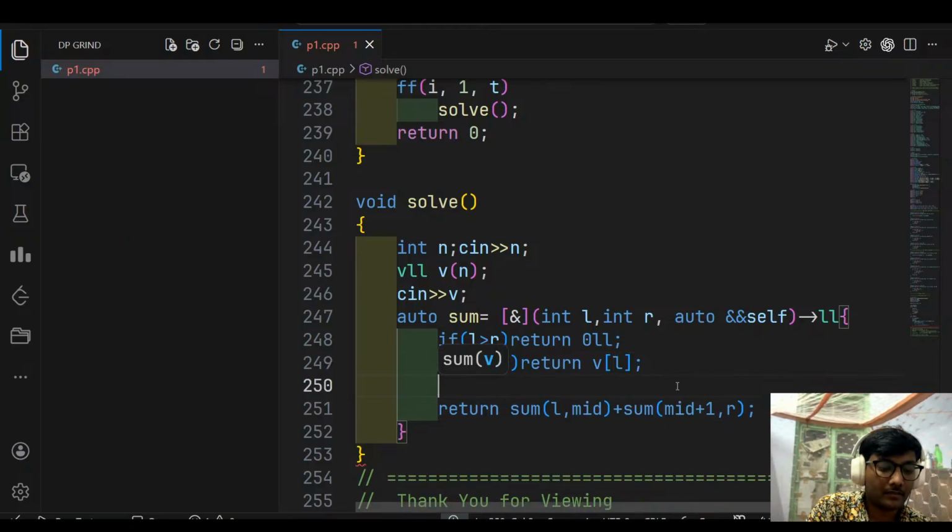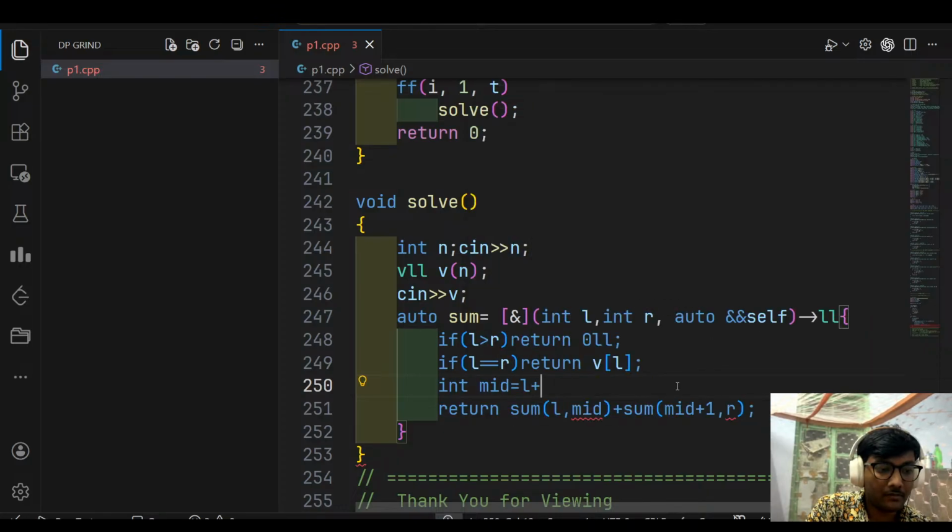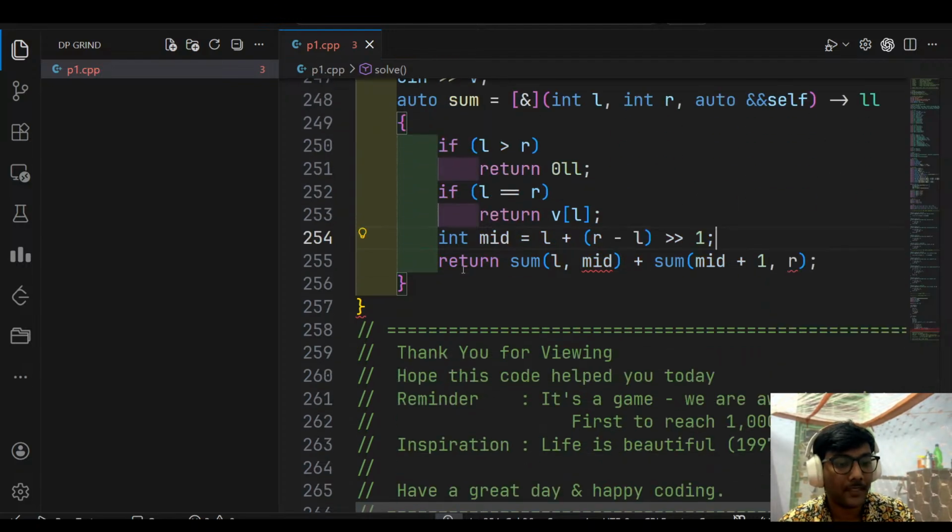Where mid is L plus (R minus L) divided by 2. I hope that makes sense.